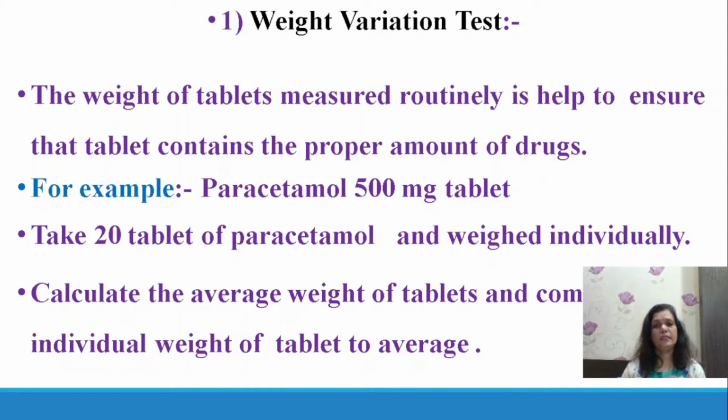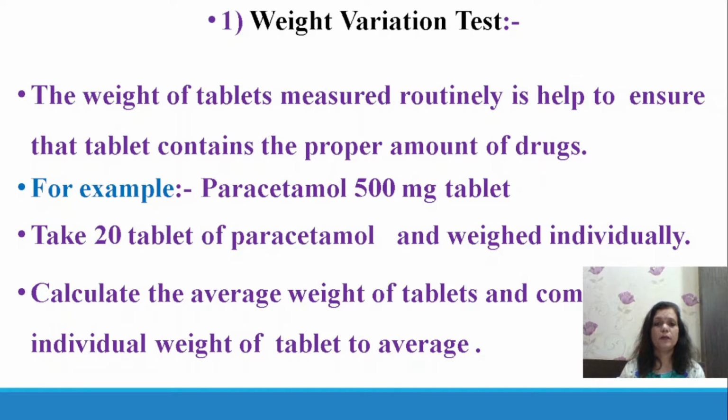After having these different types of tablets, we can have different tests to check the pharmaceutical dosage form, where the quality and quantity detection we can do. Here the first test given for solid dosage form, that is for tablets, is weight variation test, where the weight of the tablets is measured routinely to ensure that the tablet amount is proper or constant.